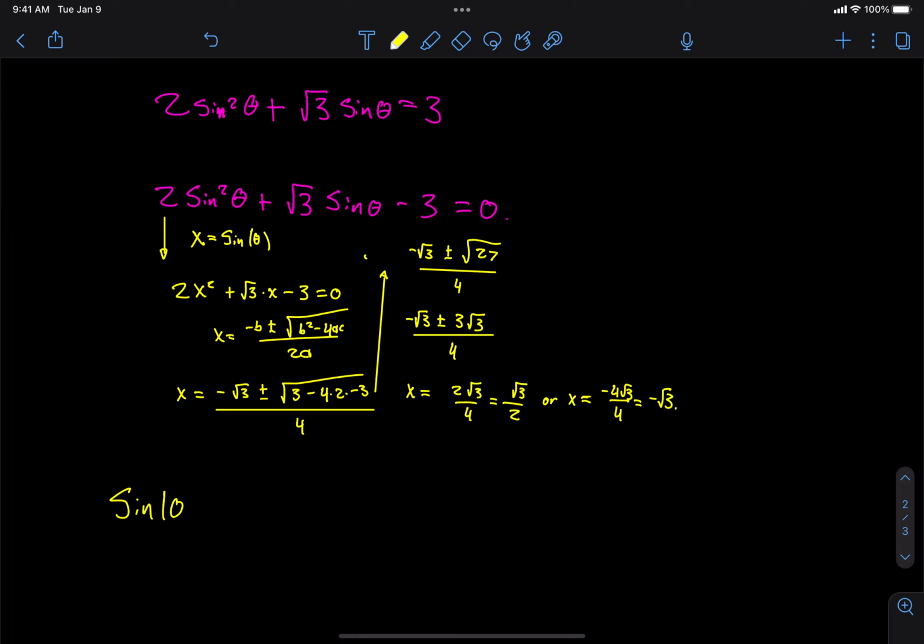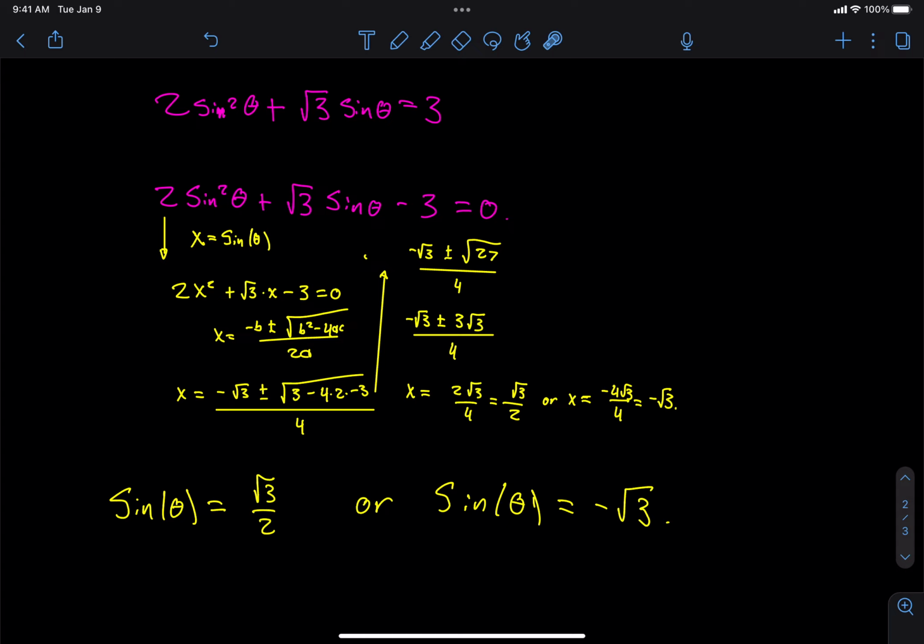Remember, sine of theta was x. And x is one of these two things. So we need to solve two equations. The first one is sine of theta equals root 3 over 2. The second equation is sine of theta is equal to negative square root of 3.